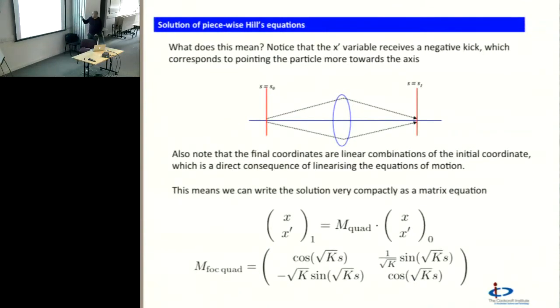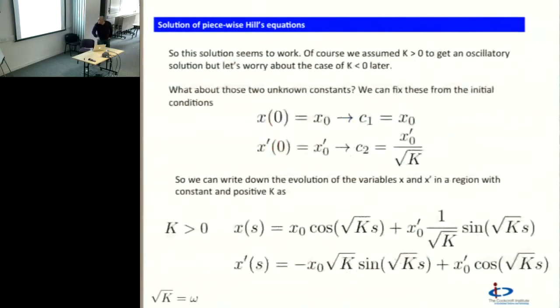And also note the final coordinates, the final x and x prime, are linear combinations of the initial coordinate. So the final x is a certain amount of the initial x plus a certain amount of the initial x prime. Not initial x squared or initial x prime squared, something like that. It's a linear combination, whereas the coefficients are really just the magnet parameters. So that's what a quadrupole does.